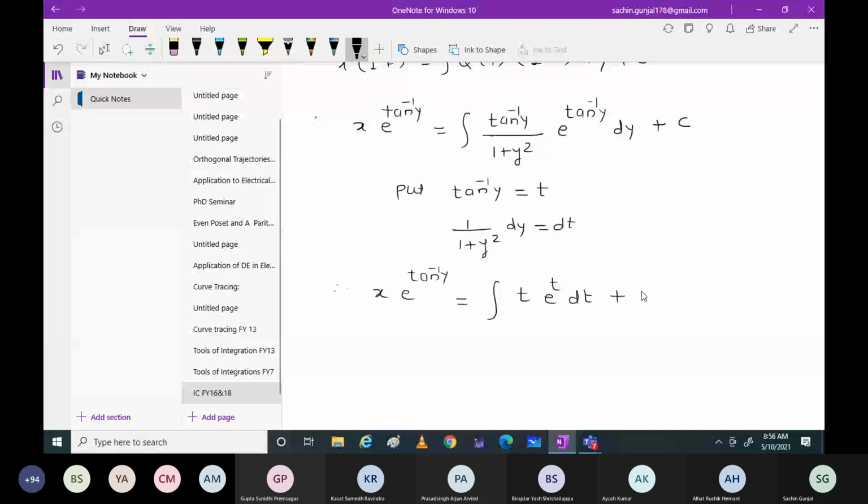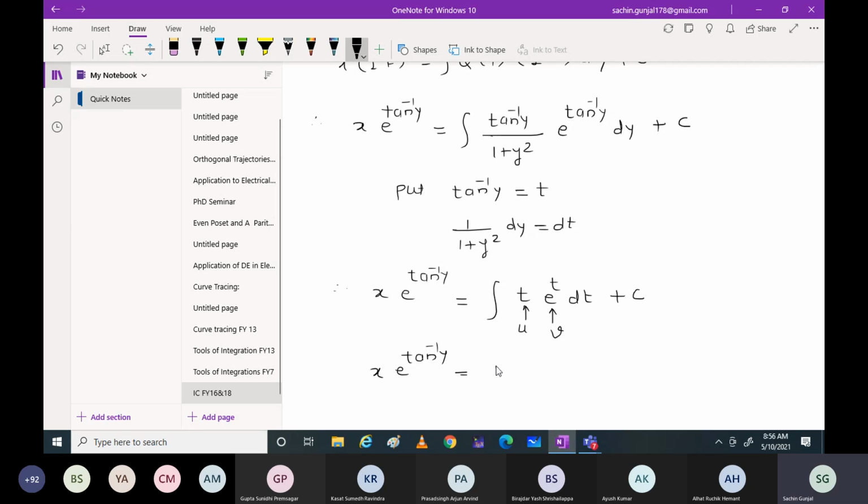So you can see algebraic function and exponential function here. So apply integration by parts. How do you apply by parts here? Algebraic function will be the first function and exponential will be the second function. So this is your u, this is v.